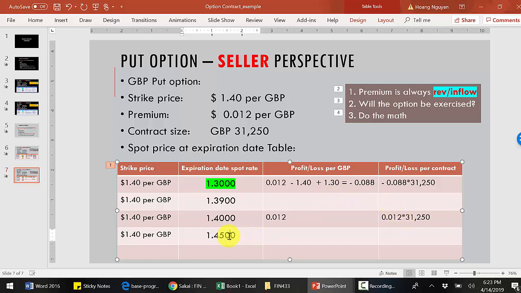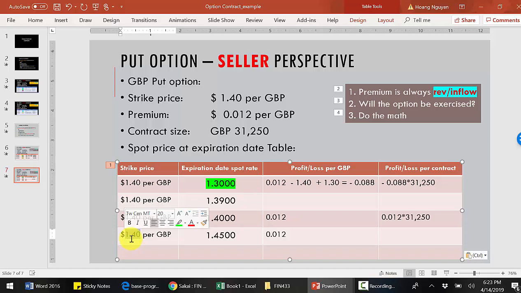In the next situation, first of all, let me copy the premium here because it is a revenue for the seller. Now, will the option contract be exercised? Clearly, the answer is no, because the buyer of the option contract can sell pounds in the market and get 1.45, instead of exercising the option and getting only 1.40.